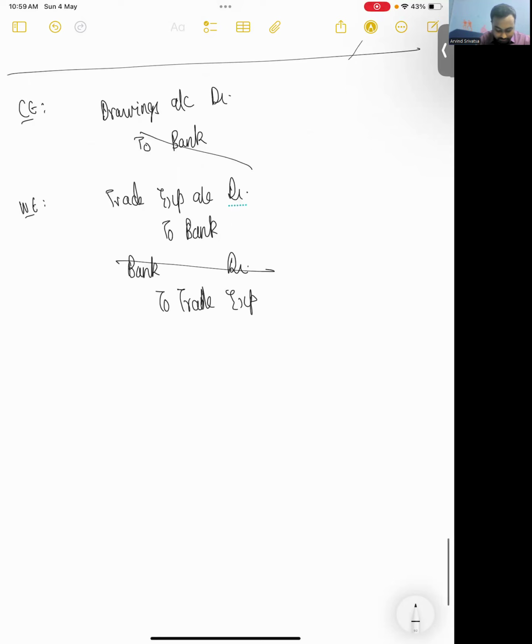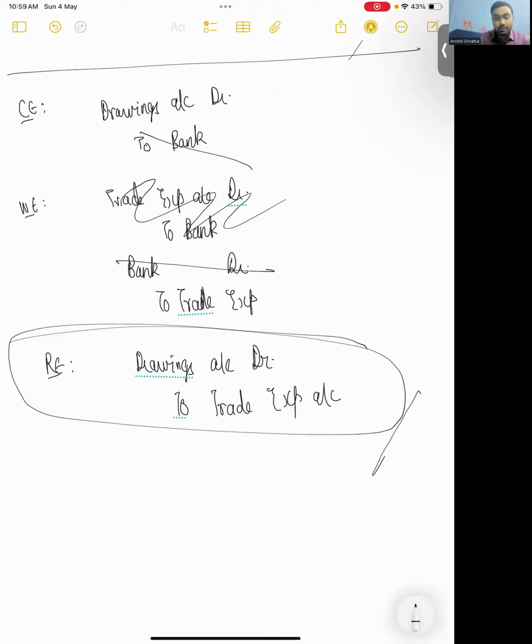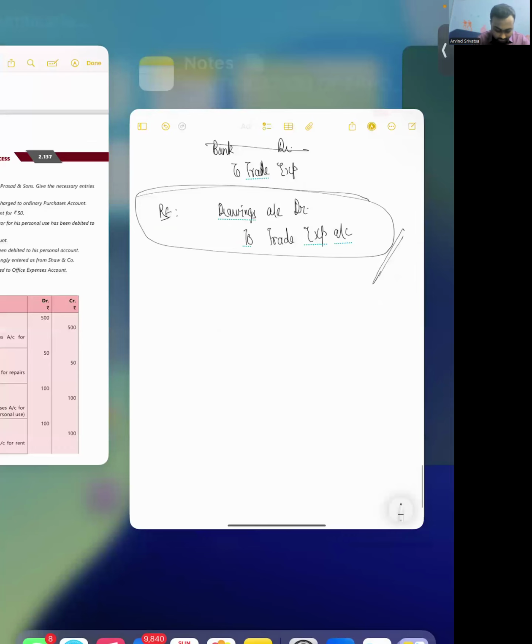So, throw this entry in the dustbin. We don't need this. Rectification entry: drawings account debit to trade expenses account. Yes, sir. Perfect. I think that's what they've also got.